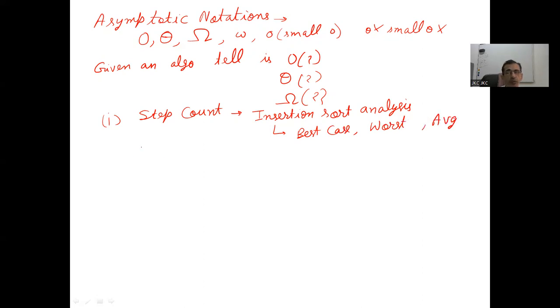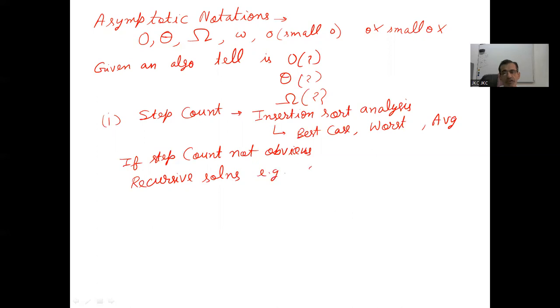But what if step count is not obvious? For example, when I talk of recursive algorithms, how will you solve that? Not obvious. So what do you have to do? For example, any recurrence relation, recursive algorithms, recursive solutions. We talked of merge sort, quick sort, and we can think of binary search, and many more like that.